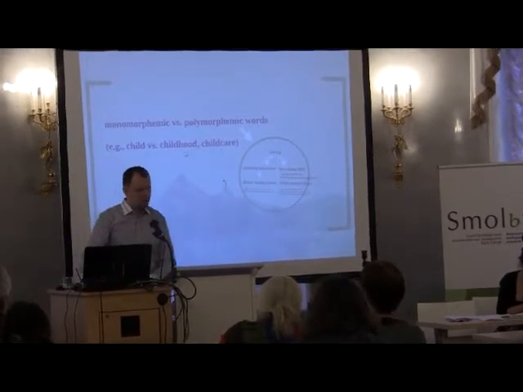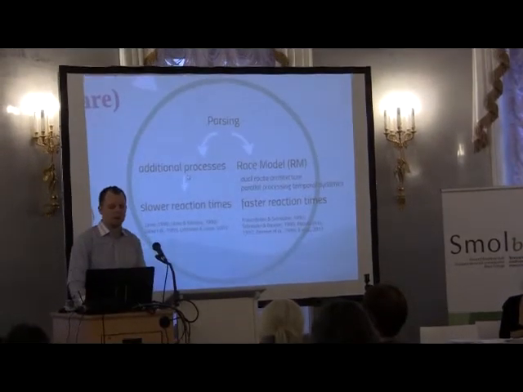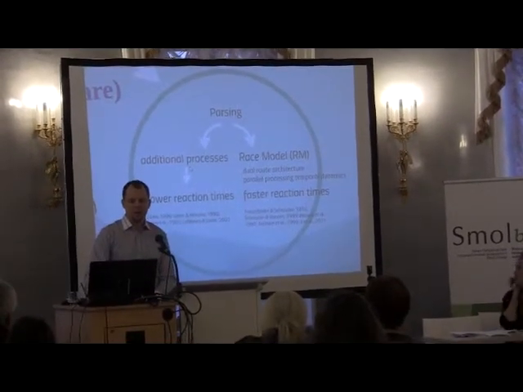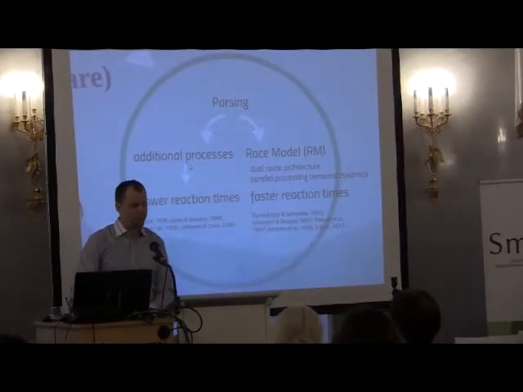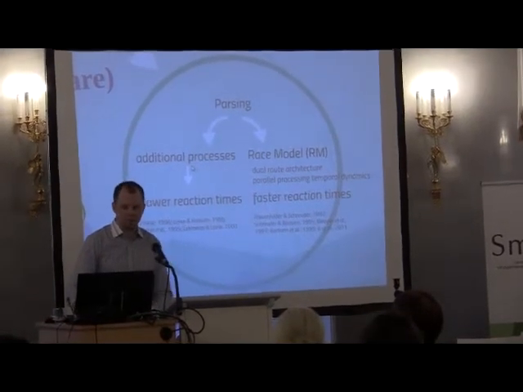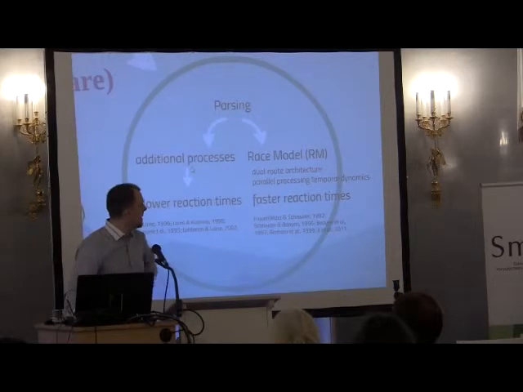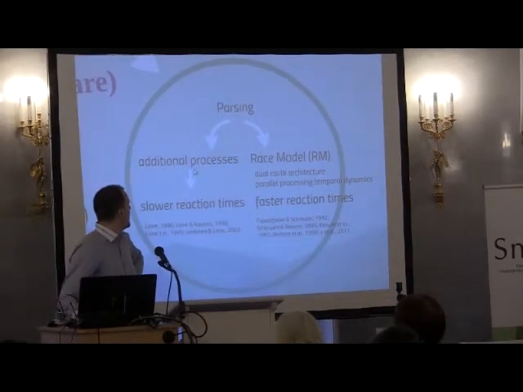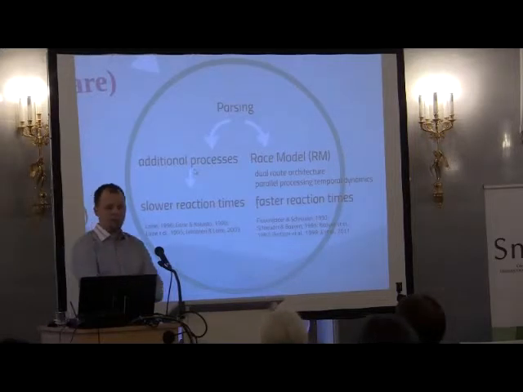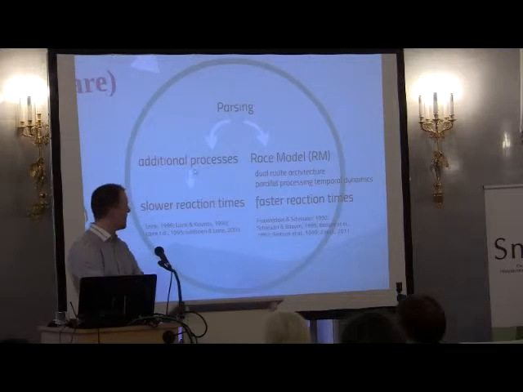So, according to processing models that involve parsing or decomposition of complex words, this requires additional processes, and as a result, we have slower reaction times in tasks such as lexical decision for complex words.